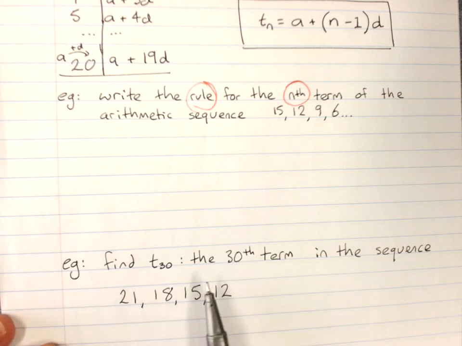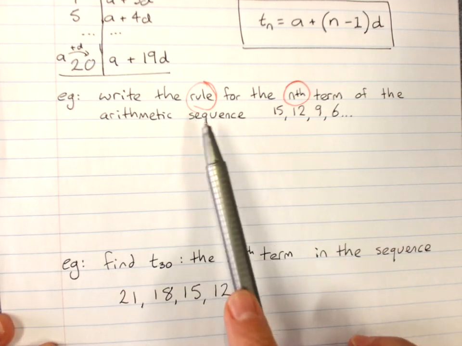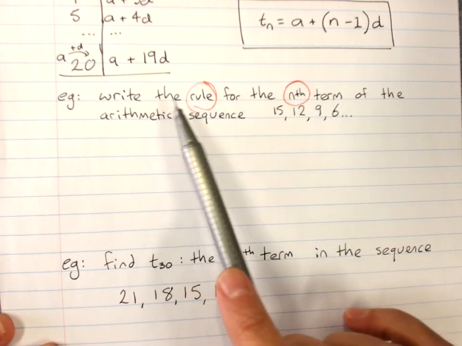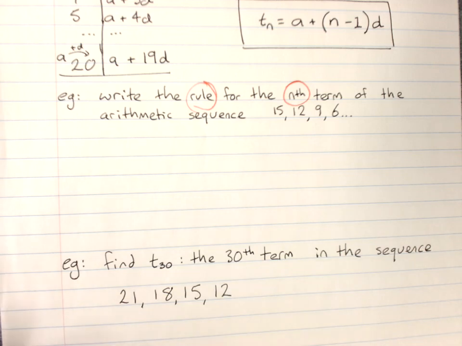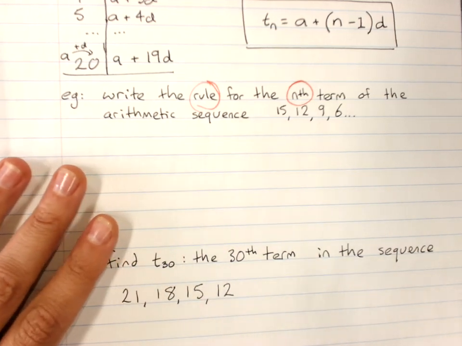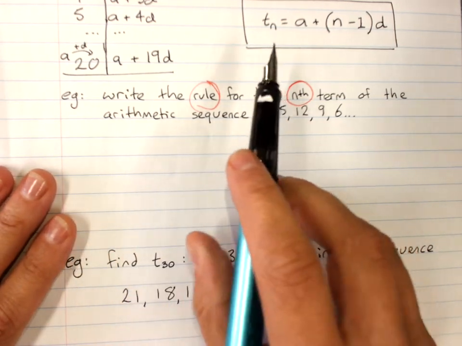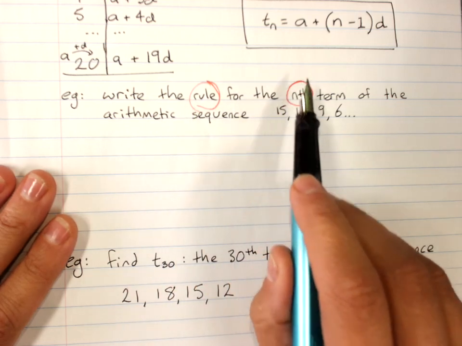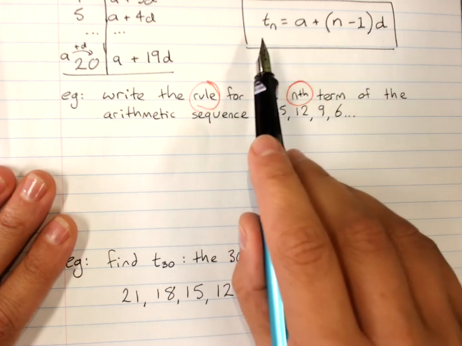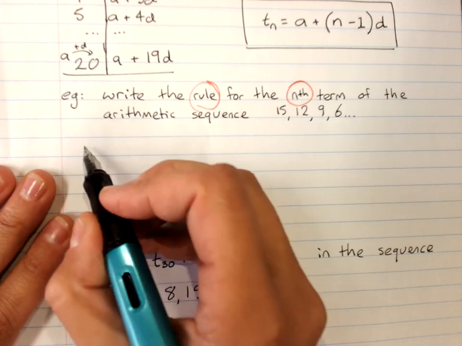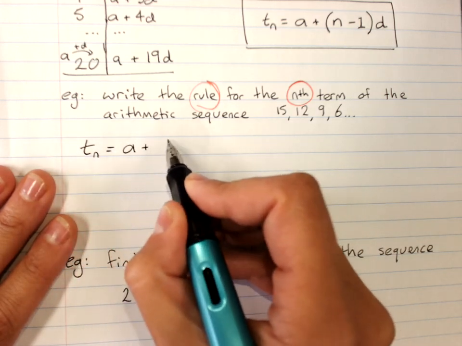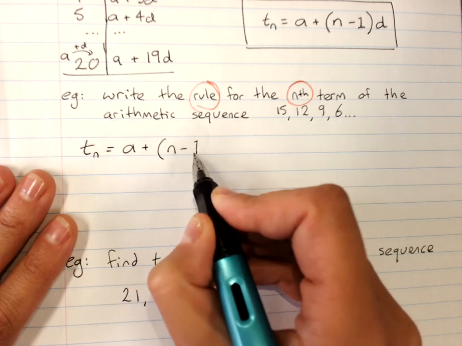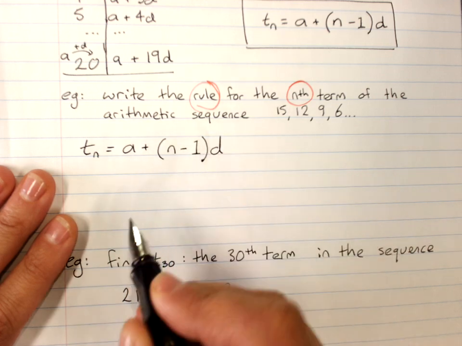In a question like find the 30th term, that's a specific term, but this is just saying I want the rule to find any term. So it's an arithmetic sequence, and we want the nth term formula. Tn equals A plus n minus 1 times D.